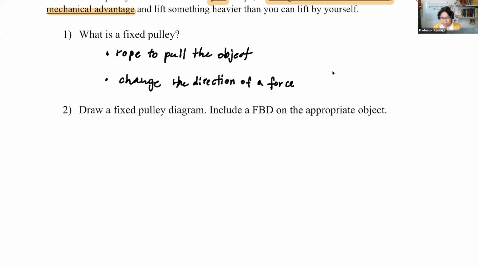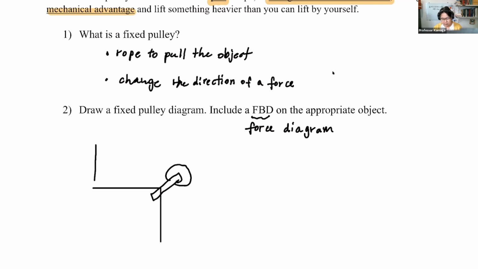So draw a fixed pulley diagram, and this is an FBD, a force diagram. So let's see, I can draw something like this. You could have an edge, and then here is a pulley. I have a wheel here, and then a vertical wall.